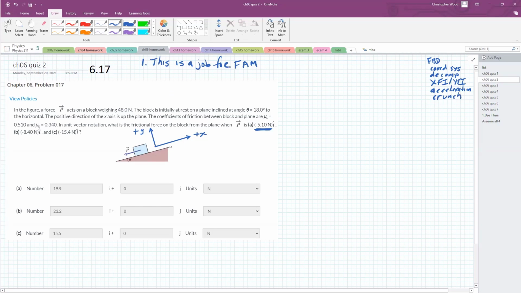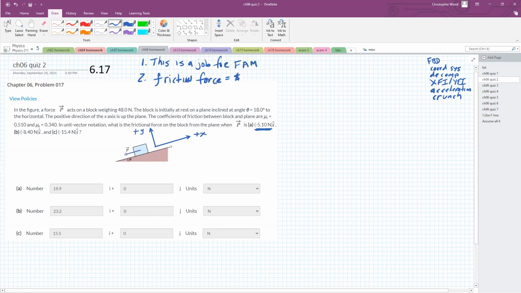All right, so this is a job for FAM. I have friction, so I'm not able to ignore friction. And part A says, what is F sub S? So my dollar sign is friction. Friction force is the dollar sign. Now my question is, when I read that, it says, what is the frictional force acting on the block from the plane?